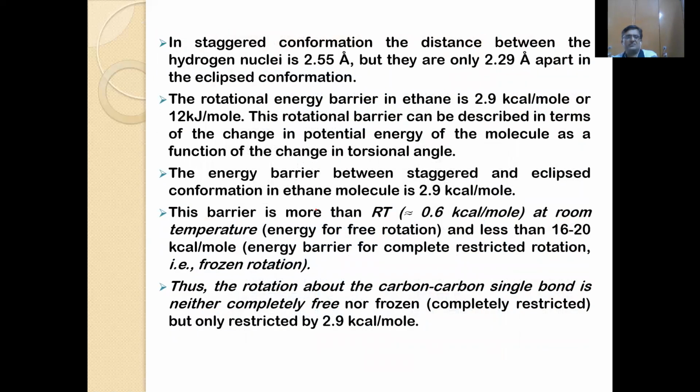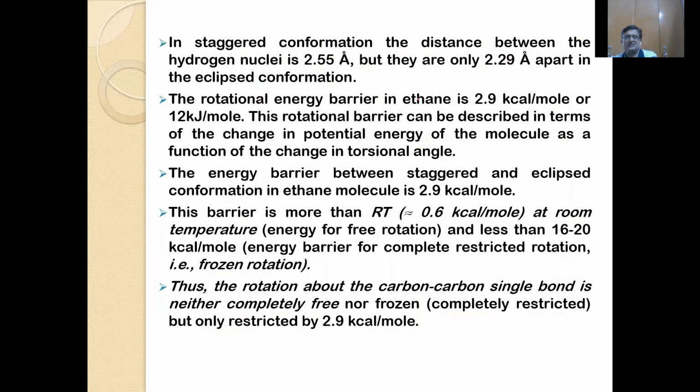When you count the bond distance, hydrogen nuclei are 2.55 angstrom apart, but they are only 2.29 angstrom apart in the eclipsed conformation. In the staggered conformation, every carbon-hydrogen bond is separated by a distance of 2.55, whereas in the eclipsed conformation it is very close, 2.29.